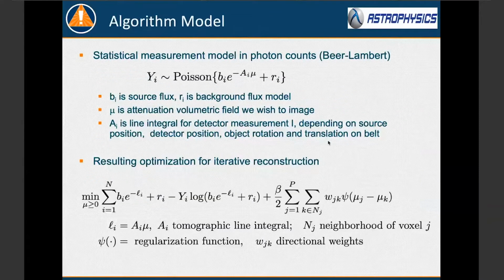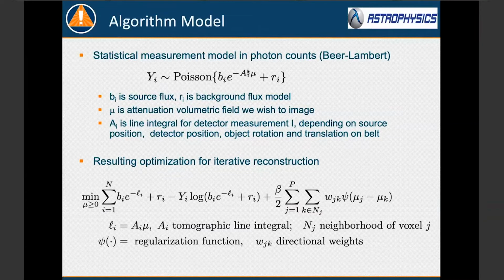First of all, a model. We looked at a model that's a typical statistical measurement. We're measuring in photon counts using a typical Beer-Lambert law. We tend to assume that our measurements are Poisson distributed with rates that are proportional to some background flux in addition to source flux and an attenuation element, where A_i is typically the line integral for the detector for measurement i.